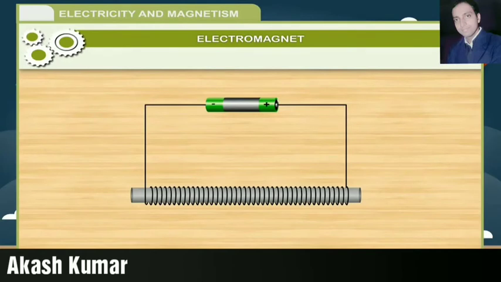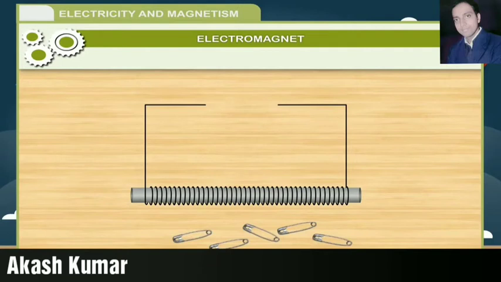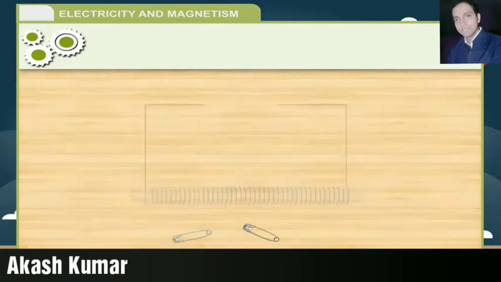Now, you will have an electromagnet strong enough to attract safety pins. Result: the iron nail behaves like an electromagnet. It is called the core of the electromagnet. It will lose its magnetism if the current is turned off.